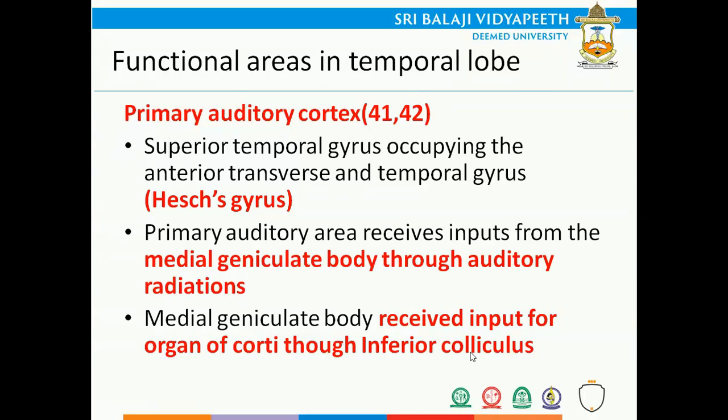So from the inferior colliculus it goes to the medial geniculate body in the thalamus. Through that it reaches the sensory cortex. That is how the auditory stimulus reaches the sensory cortex, and visual, it is through the superior colliculus. Through the lateral geniculate nucleus of the thalamus it reaches the primary sensory cortex. So that is how the auditory cortex is related with the sensory cortex.